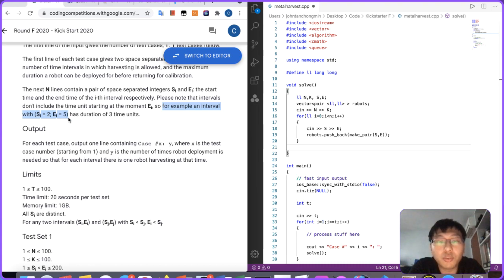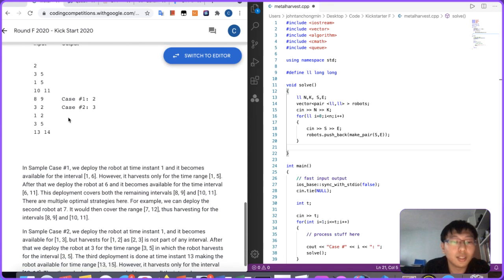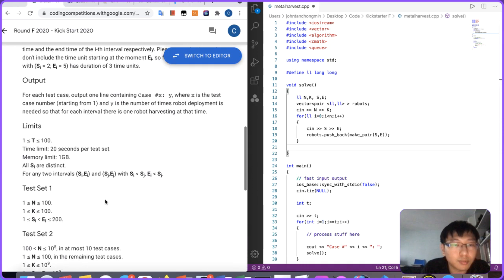You solve it greedily by just deploying a robot right at the start, the first interval possible, and then just deploy as long as the robot needs, before it needs to come back. Then you see the next interval that is present, and then you deploy for that interval all the way, and so on. So you see, if you go to 7, 12, you can cover 8, 9, 10, 11.